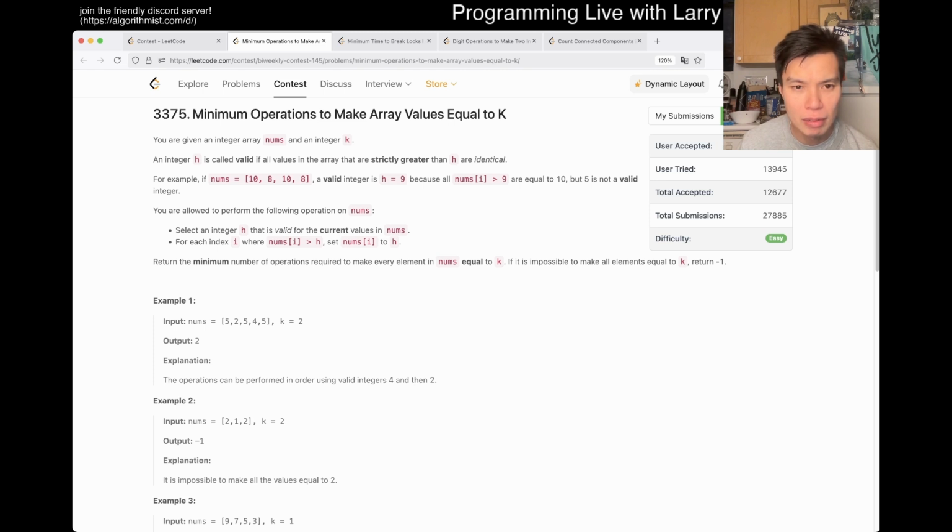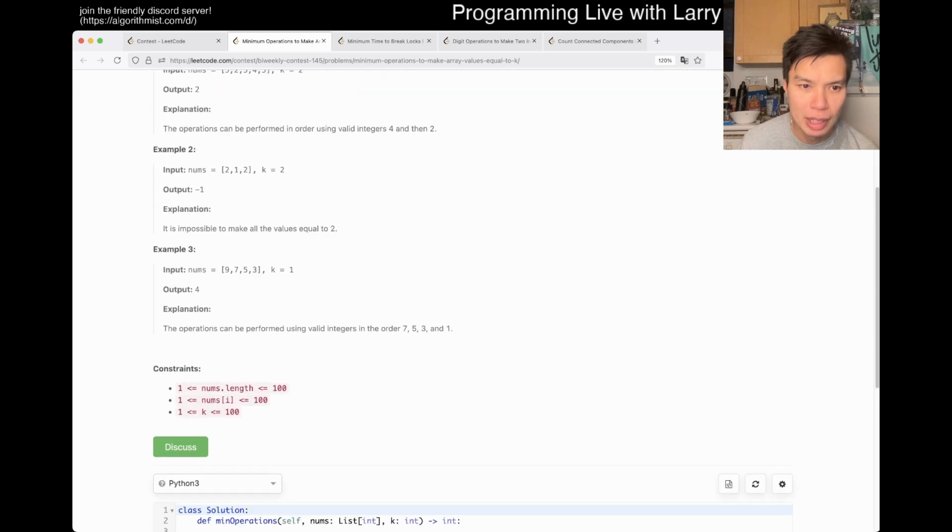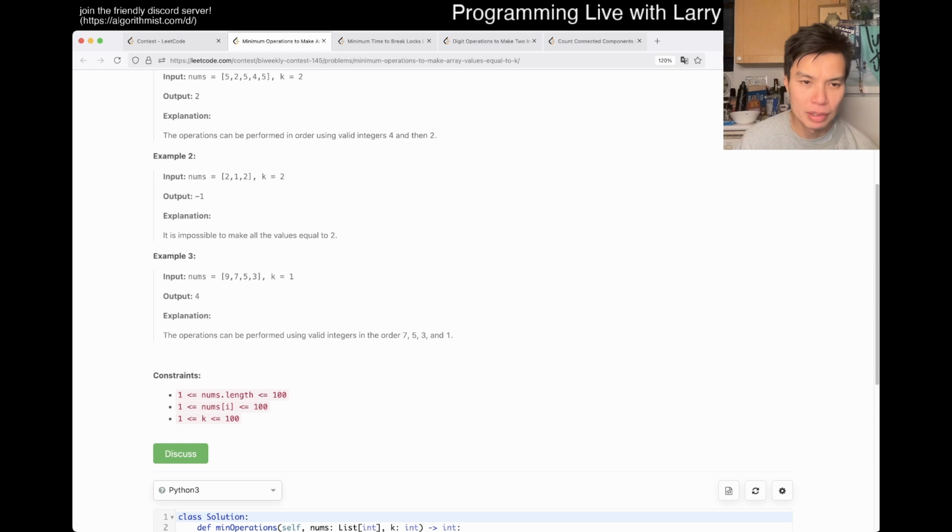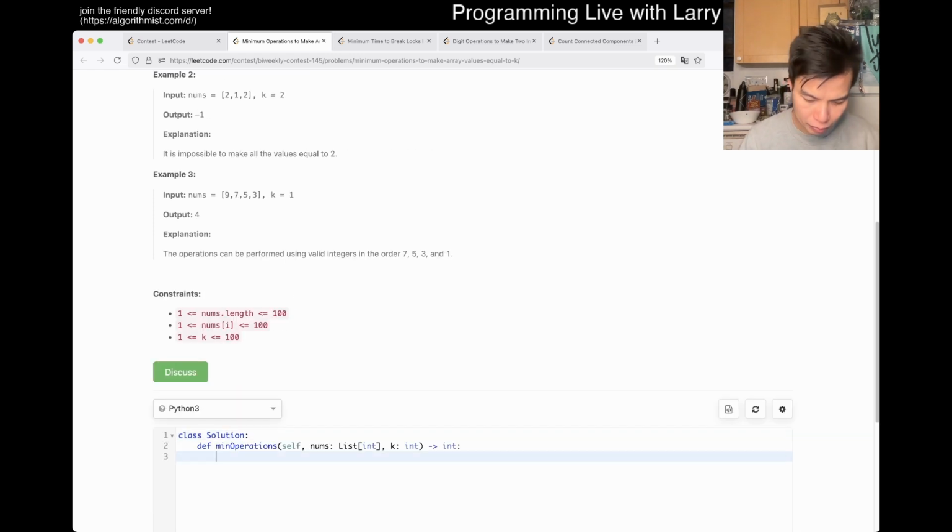So then you have to change it to K. K in this case you could do from 5 to 4, I guess to 3 to 2 if you want to think of it that way. So what can you do? You cannot make numbers bigger. So that means that if there are any numbers smaller than K, maybe min of nums.